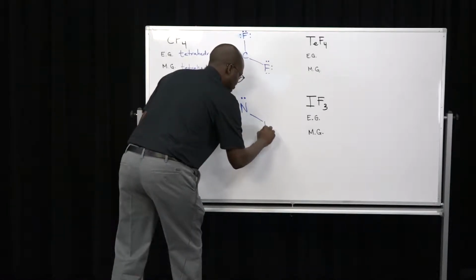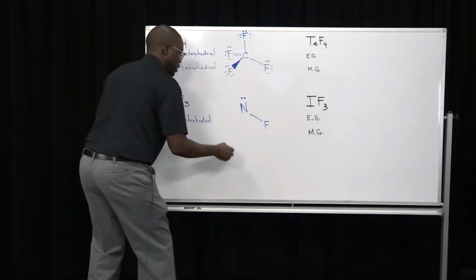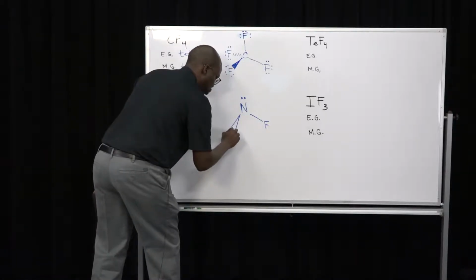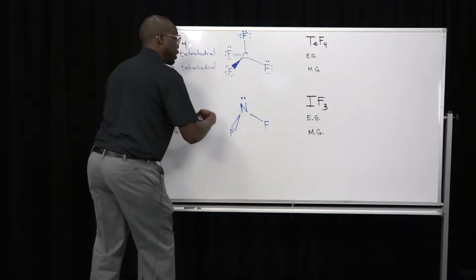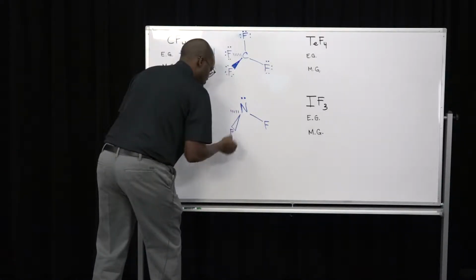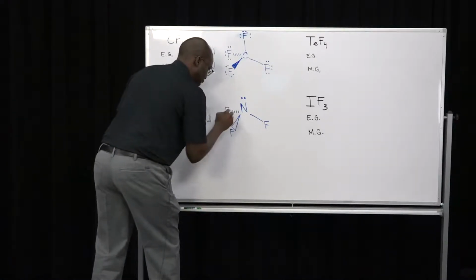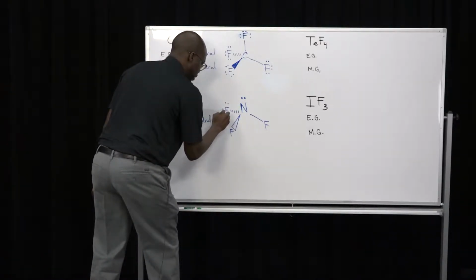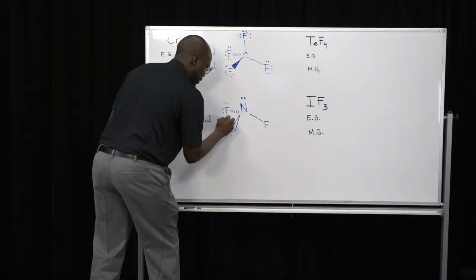We have the fluorine bond within the plane of the board. This fluorine bond coming out of the plane of the board toward you. And this fluorine bond going behind the plane of the board. Can't forget our lone pairs.